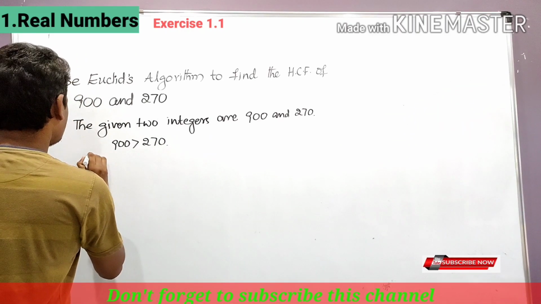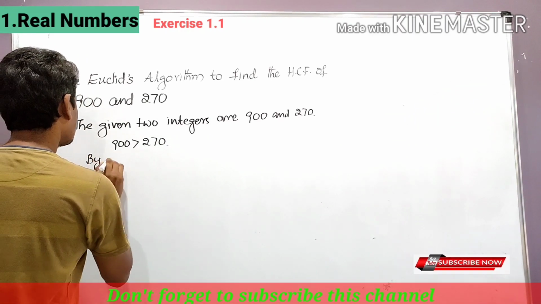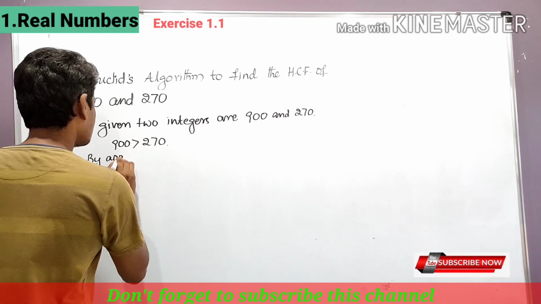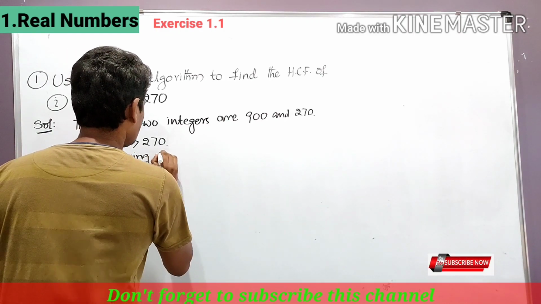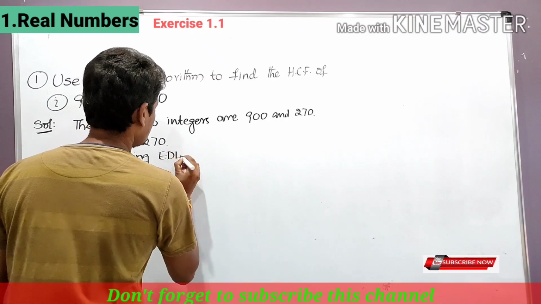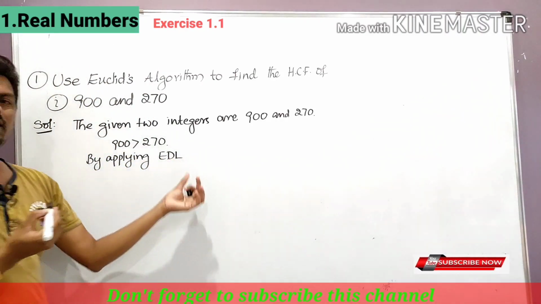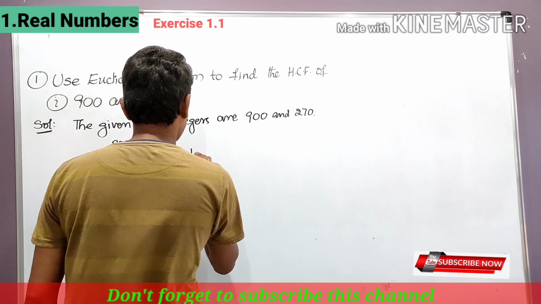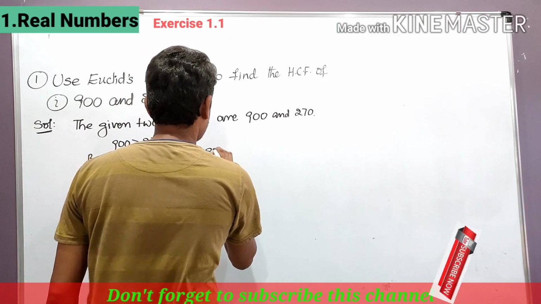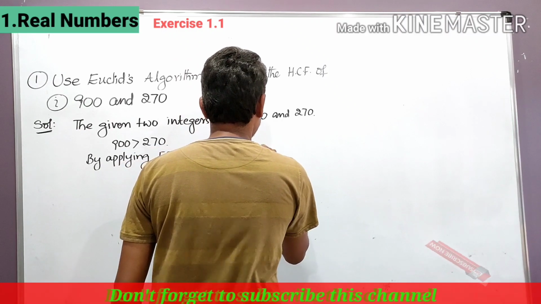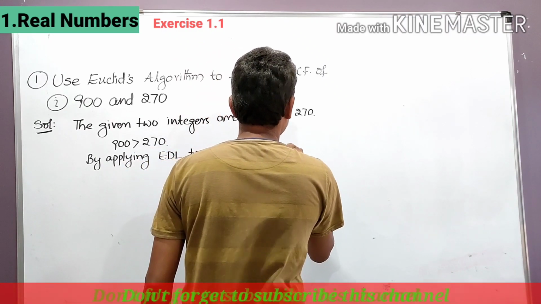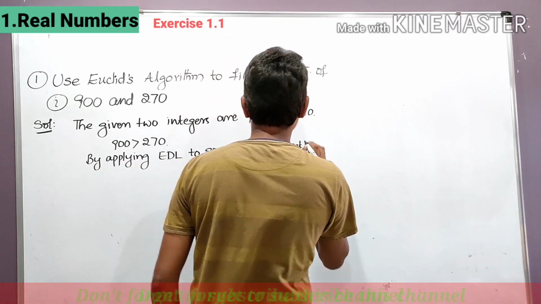So by applying Euclid division lemma to 900 and 270, we get. See student, how can we apply?